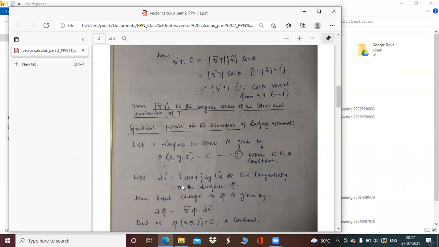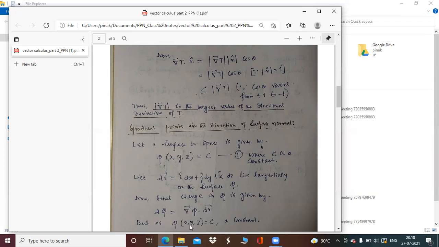Also let dr bar is equal to i cap dx plus j cap dy plus k cap dz lie tangentially on the surface phi, where dr bar, as we know, is an infinitesimal vector in 3 dimensions. So the total change in phi is given by d phi is equal to grad of phi dot dr bar.